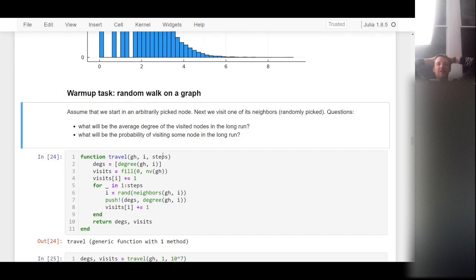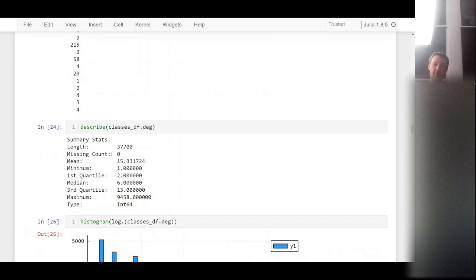We want to simulate this. Okay, and the question to you will be the following. Actually, there are two related questions. If I do not pick nodes at random, but rather I walk through friends of friends, etc., what in this case will be the average degree of a visited node in the long run? Because if I visited nodes uniformly at random, I would see an average of 15.